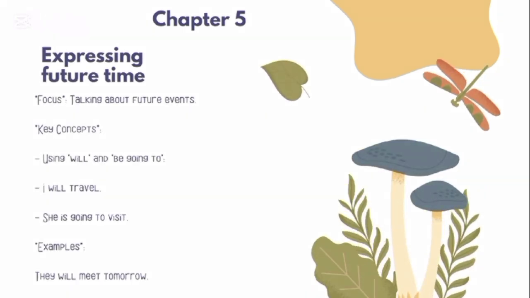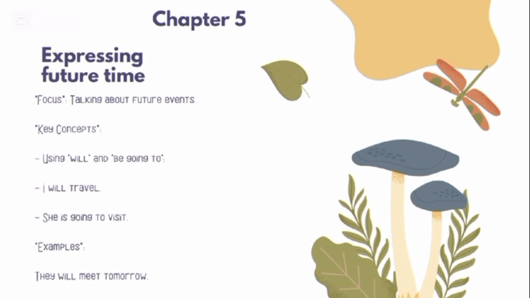Moving on to chapter 5, expressing future time. So we are talking about the future, focusing on future events. For the formula, usually they use will or be going to.